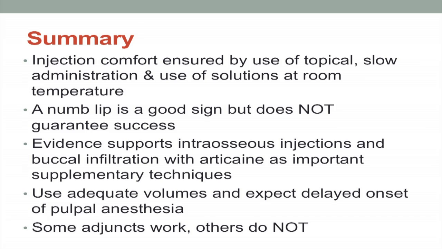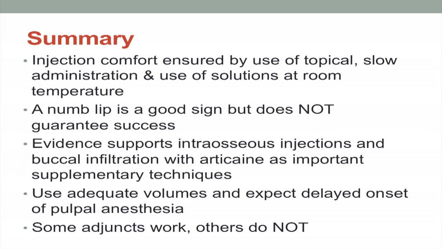To summarize the major points we've discussed in this course, injection comfort is ensured by the use of a topical, as is slow administration of local anesthetic, and the use of solutions at room temperature, not heated solutions. A numb lip is a good sign of local anesthesia, but it does not guarantee successful pulpal anesthesia.